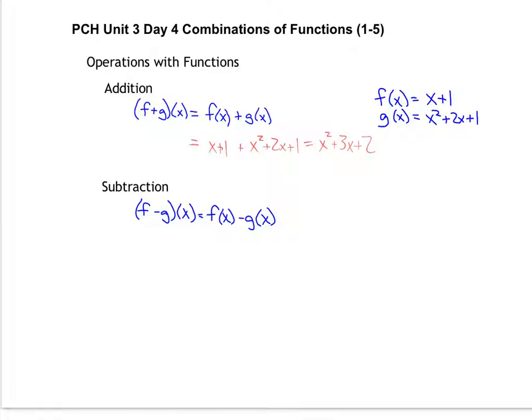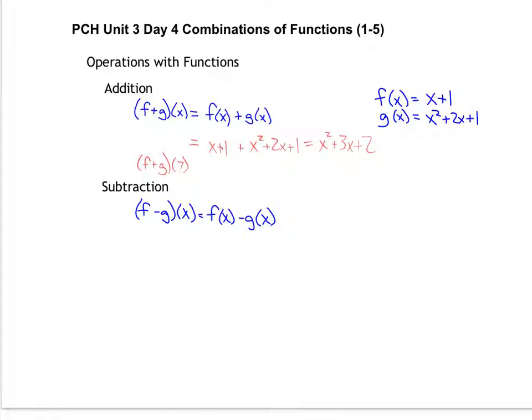If I were asked to evaluate f plus g of 7, here's the thing. You have a choice at this point to either plug 7 into each function separately or to plug 7 into this result here. So f of 7 is 8. g of 7 is 49 plus 14, which is 63, plus 1 is 64.